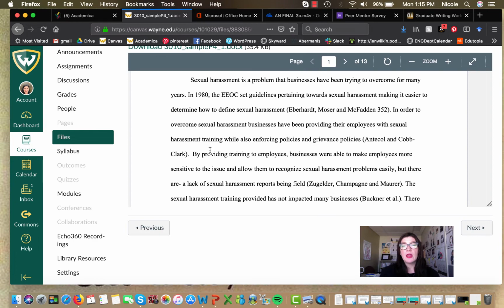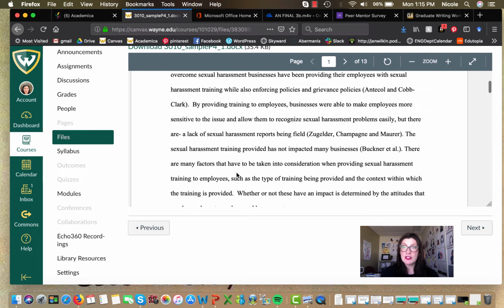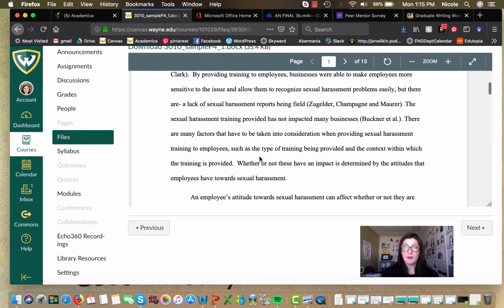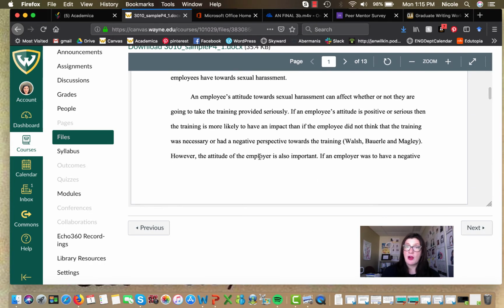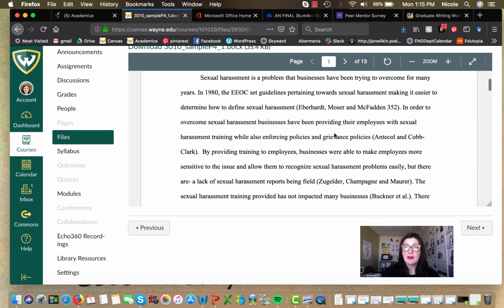So here we see there's some citations already happening in the first paragraph and in the second paragraph. So you can see these citations here. And there's really not a lot of direct quotation going on.